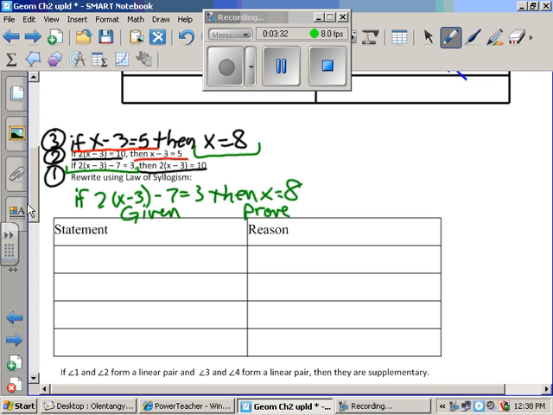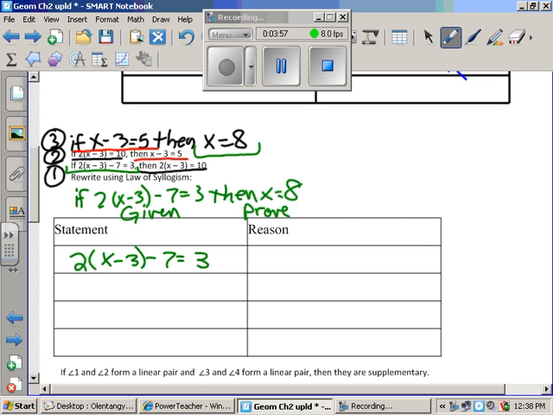Okay? And the nice thing about a syllogism is once you get it written, you can just use the order and write your proof in order. Okay? You always start with the first hypothesis, the given. So we're going to start with 2 times x minus 3 minus 7 equals 3.